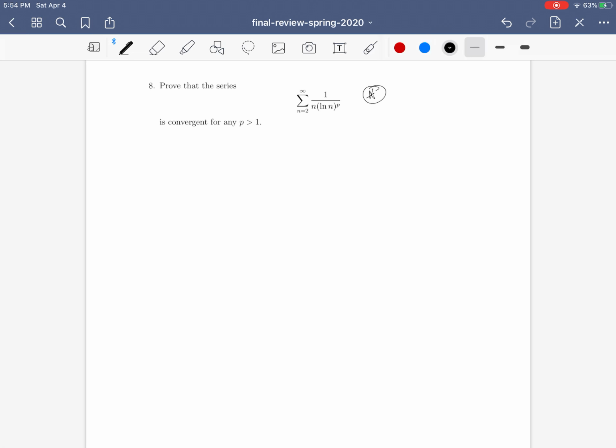We're asked to prove that the series from n equals 2 to infinity of 1 divided by n (ln n)^p is convergent for any p greater than 1. So what we're going to use for this is the integral test.